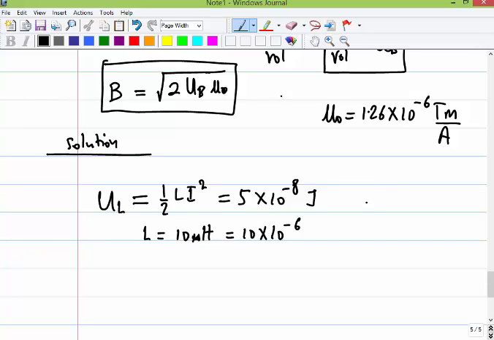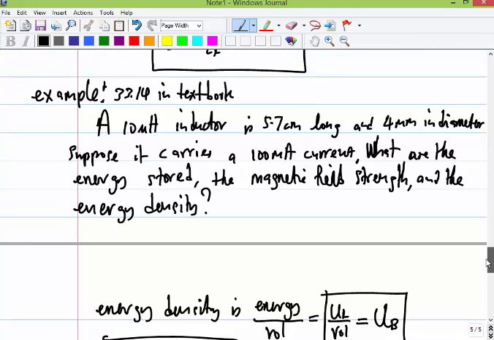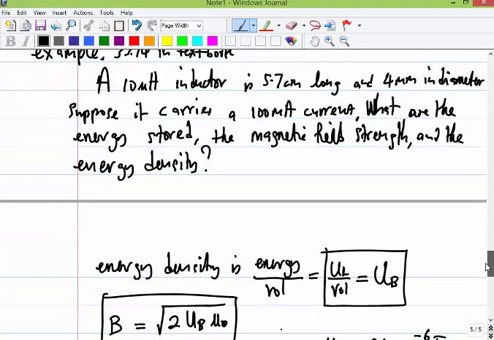So L should be 10 microhenries, and then current I is 100 milliamperes, so times 10 to negative 3. So that's milli. The M is different from the micro. Okay, my mistake too.